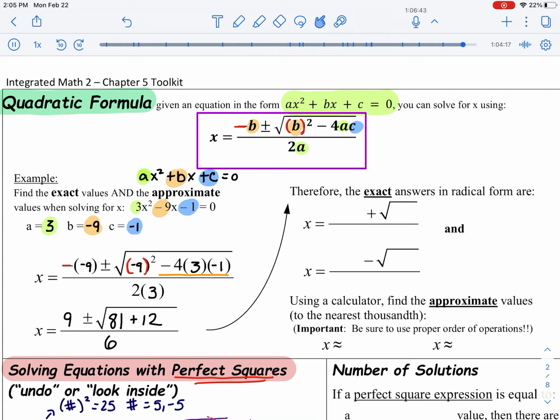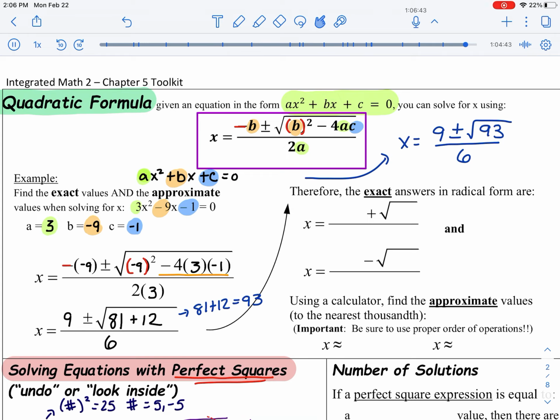And I'm going to make a little side note here. Hey, 81 plus 12 equals 93. So I really have x equals 9 plus or minus the square root of 93, all divided by 6.